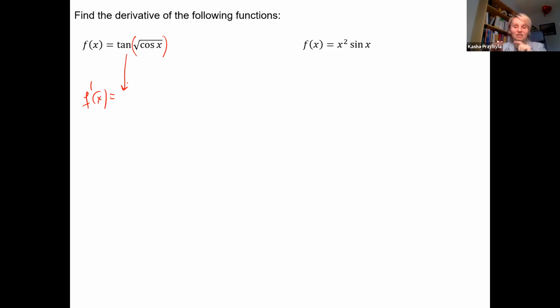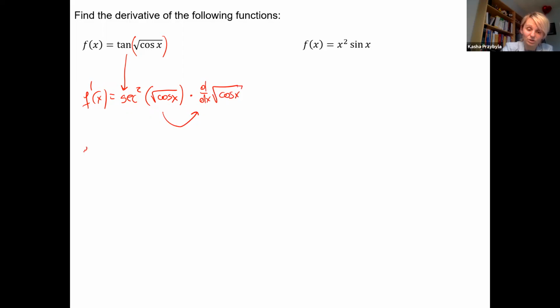This is secant square, and what I will put here, because that's my angle, secant square of the same quantity. However, follow the chain rule, times derivative of this quantity.